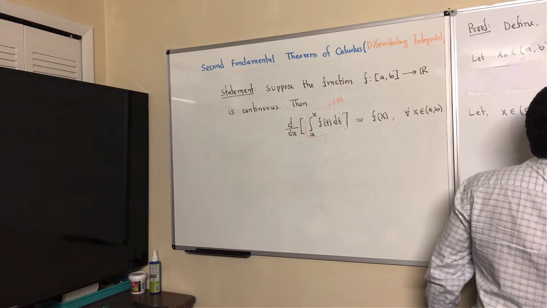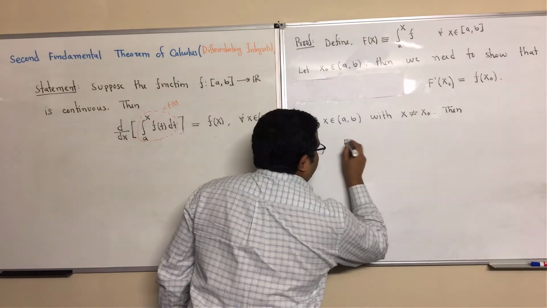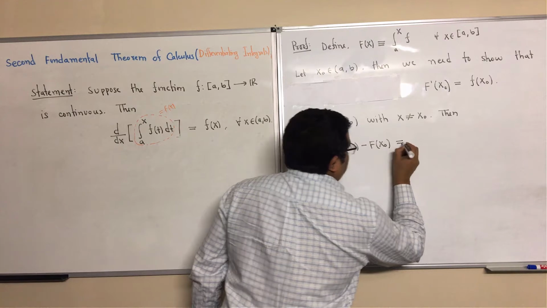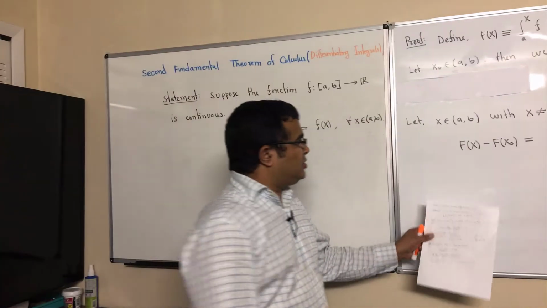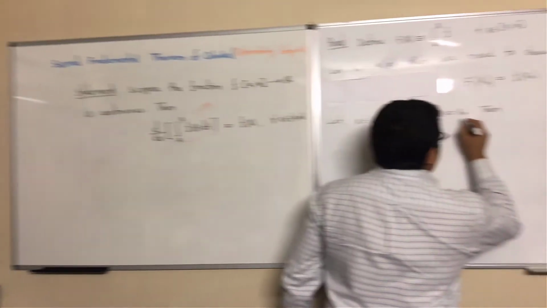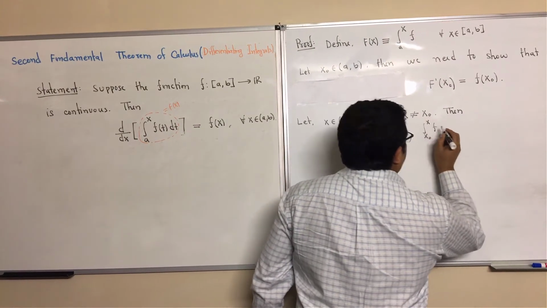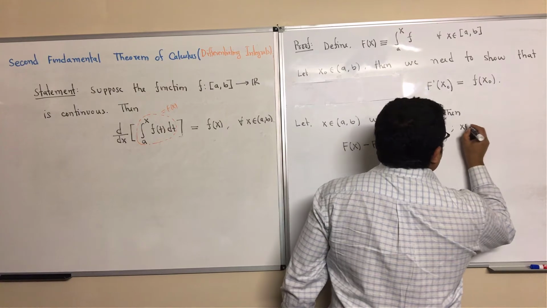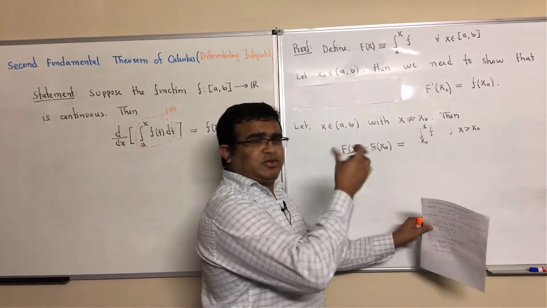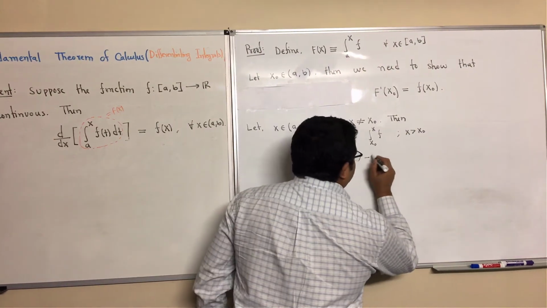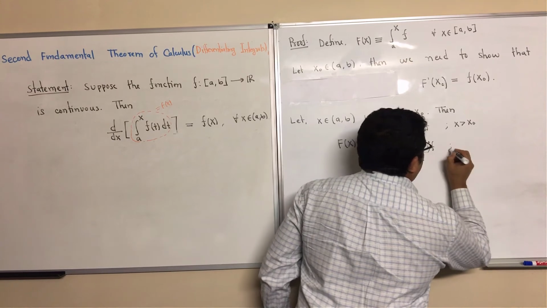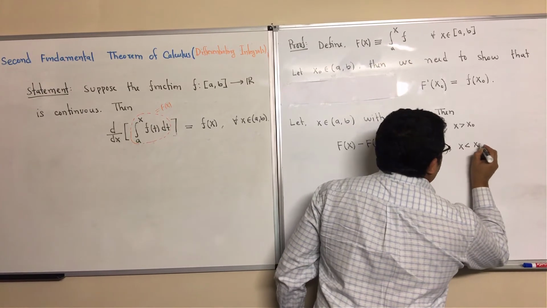Then F(x) minus F(x0), by the first fundamental theorem of calculus, would be the integral from x0 to x of f when x is more than x0, and if you flip this, it would be negative, the integral from x to x0 of f, when x is less than x0.